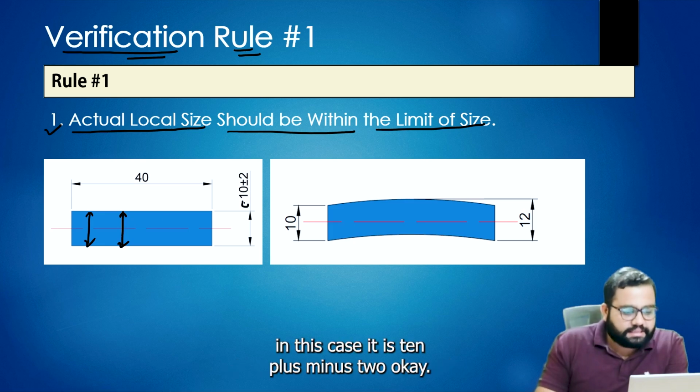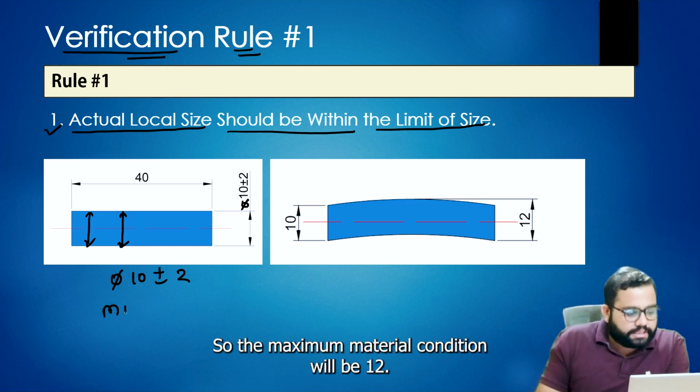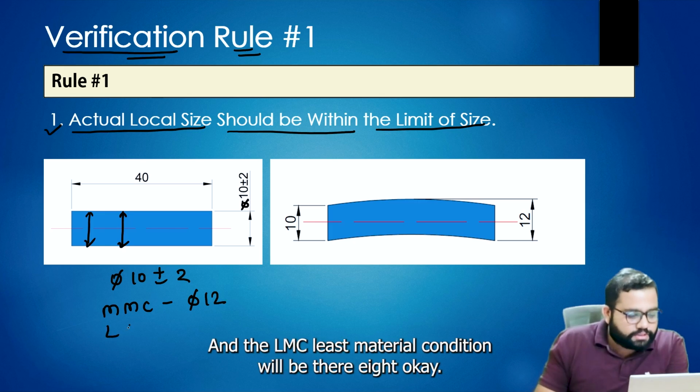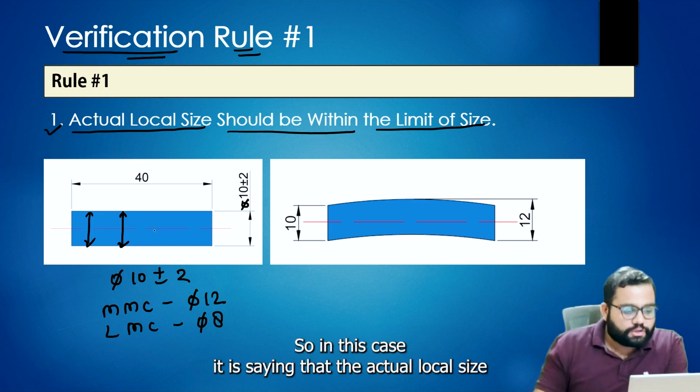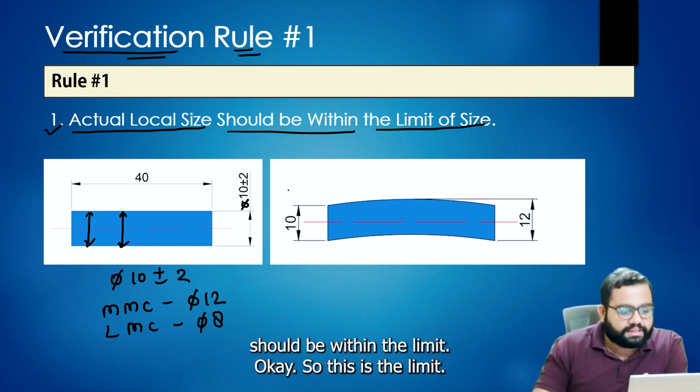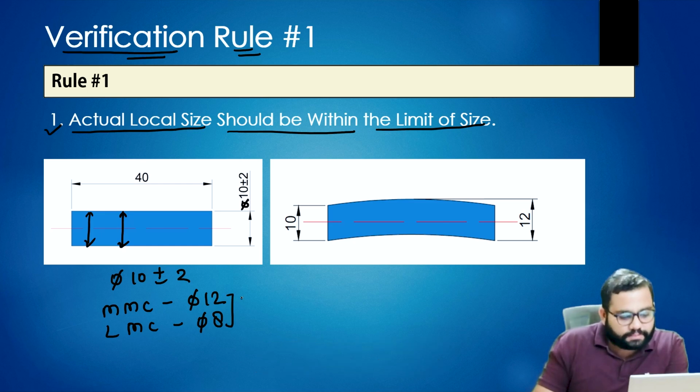In this case it is dia 10 plus minus 2, so the maximum material condition will be dia 12 and the LMC, least material condition, will be dia 8. The actual local size should be within these limits.